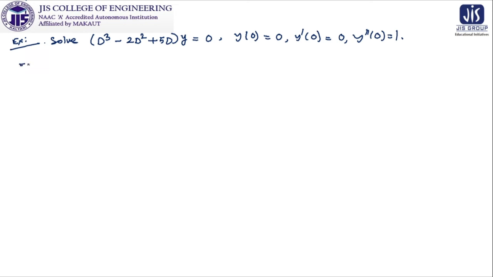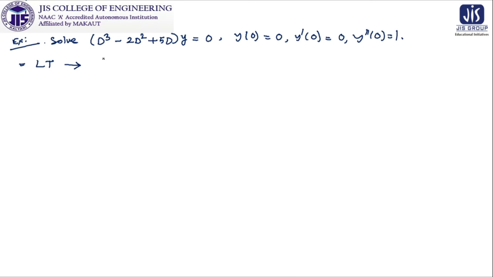Now, the scheme is to apply Laplace transform. For that, the Laplace transform of y dash, of y double dash and of y triple dash, for all these we can get the algebraic expression.